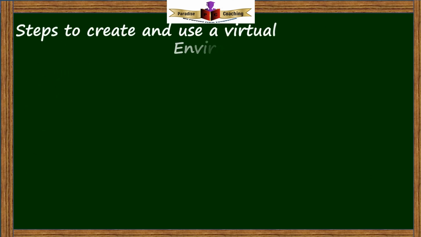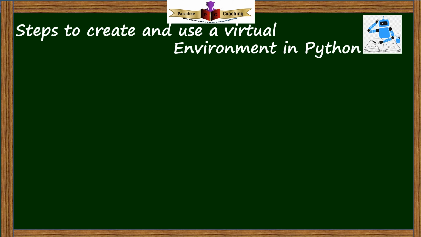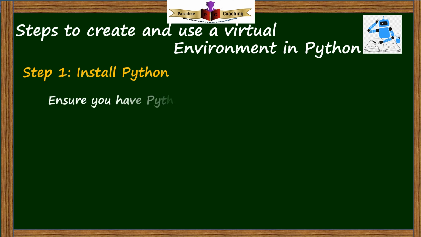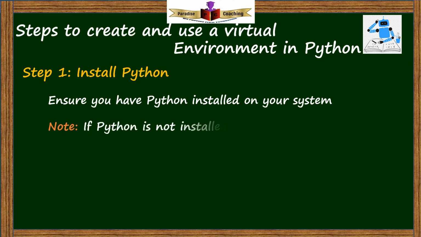Steps to create and use a virtual environment in Python. Step 1. Install Python. Ensure you have Python installed on your system. Note, if Python is not installed, you can download it from the official Python website.